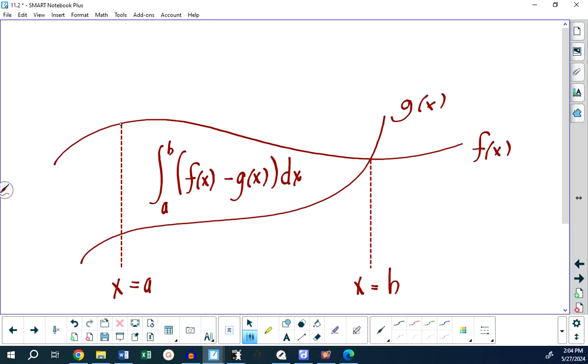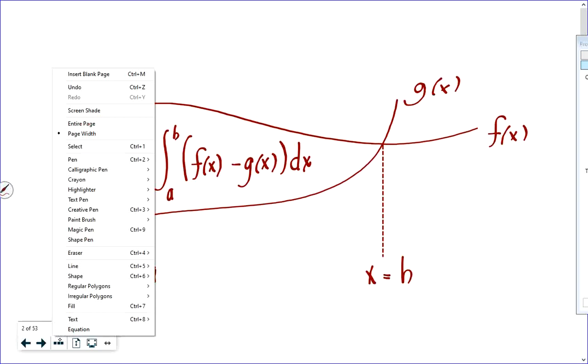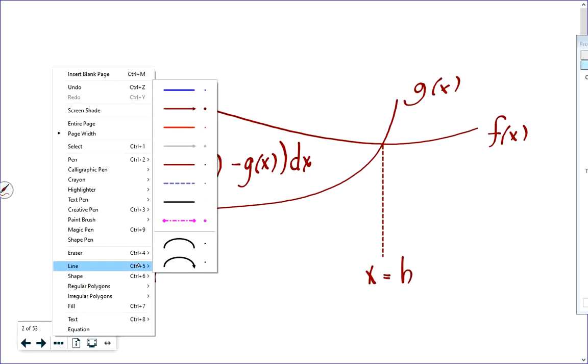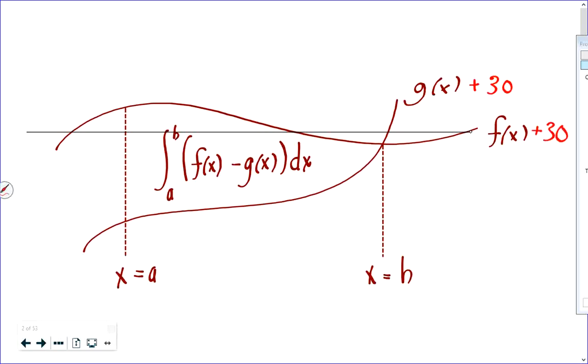If it turns out that the x-axis happens to be, I don't know, here, all you have to do to ensure that they are both above the x-axis is add some amount, whatever amount you see fit, to each function to push those functions above the x-axis.